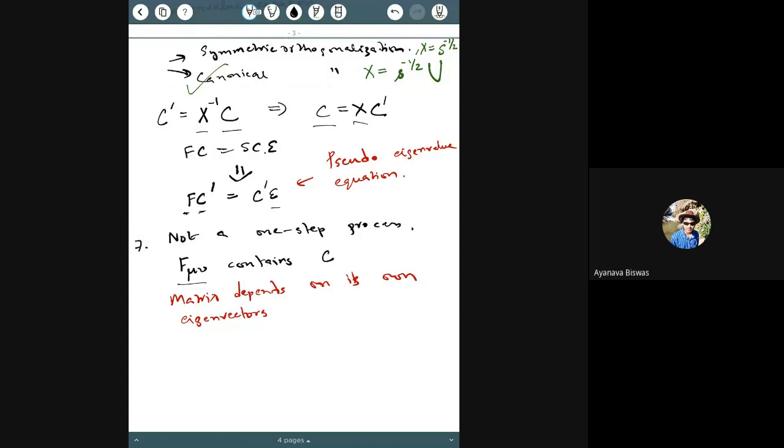So repeating it will not help you any further. And that is the point where you stop. Okay. So this is why it is an iterative procedure, and it is not just an eigenvalue equation. It is rather a pseudo eigenvalue equation.